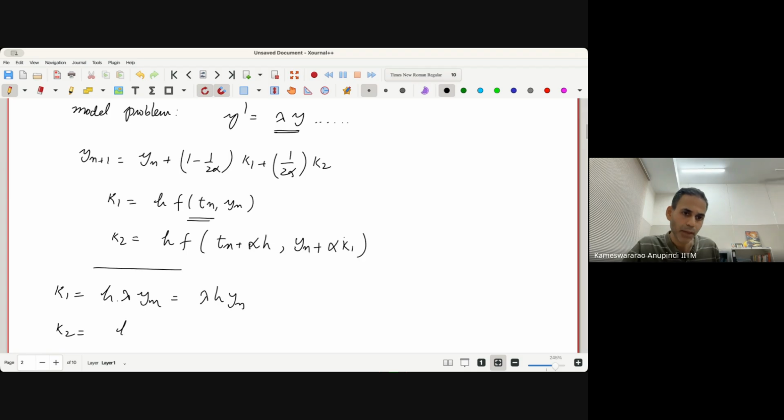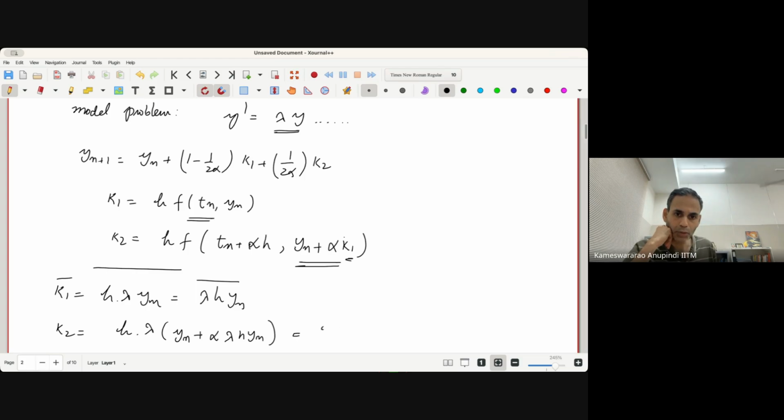Similarly, I can write what is k2. k2 equals h times f of tn plus alpha h comma yn plus alpha k1. That is nothing but again lambda y, the function, but y is now yn plus alpha k1. So this is going to be yn plus alpha times k1, but k1 is again nothing but lambda h yn. So that is my k2.